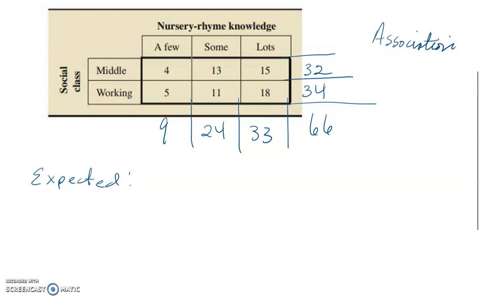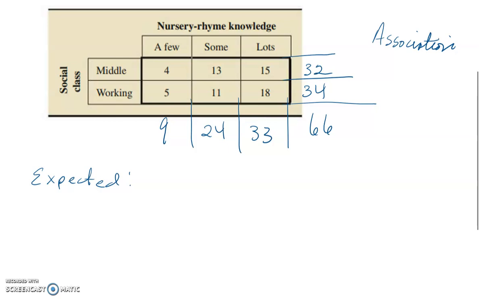Is there an association between social class and how much knowledge kids have of nursery rhymes? This could lead to do different social classes do more reading at home type of thing. Our null of course is there is no association between the two, and the alternative is there is an association between the two.